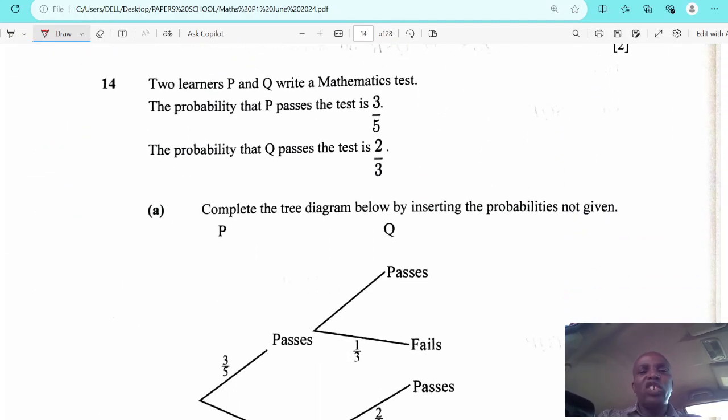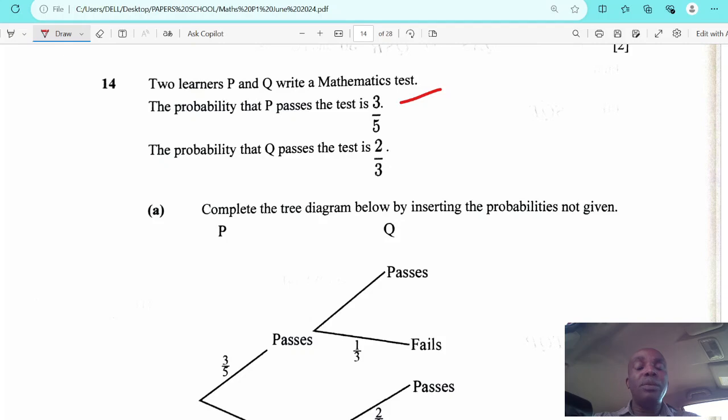Next, 14. Two learners P and Q write a mathematics test. The probability that P passes the test is 3/5. The probability that Q passes the test is 2/3. Complete the tree diagram below by inserting the probabilities not given. Right? The probability that P passes the test is 3/5, which means it's either this guy will pass or will not pass.